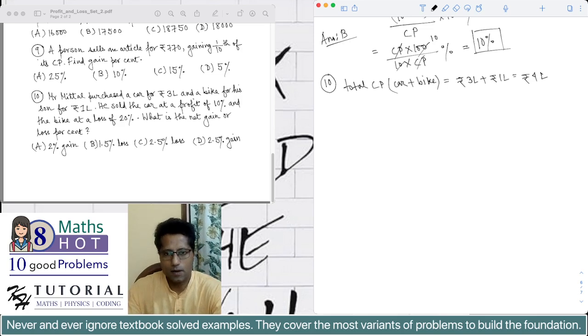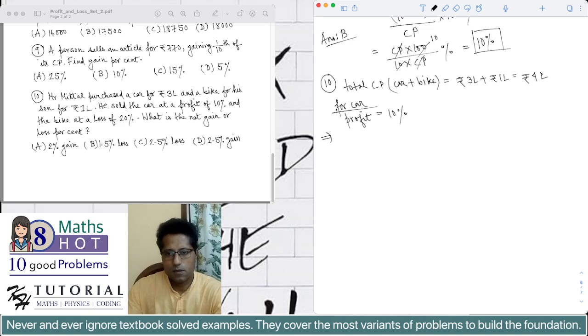Now he sold the car at a profit of 10%. So for car, the profit is equal to 10%.